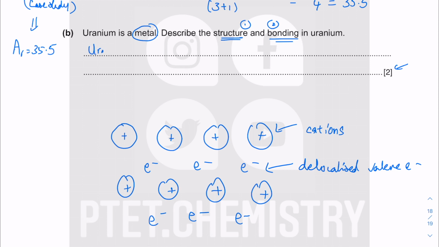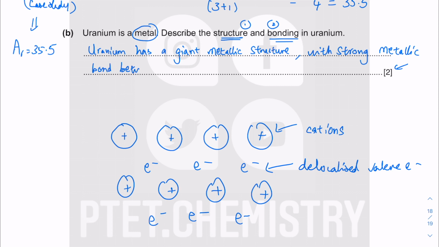So uranium has a giant metallic structure. You want to describe it in words with strong metallic bonds, but then that is not a full description because you have not identified between what and what. That is the key thing.